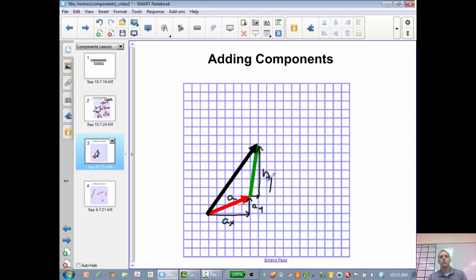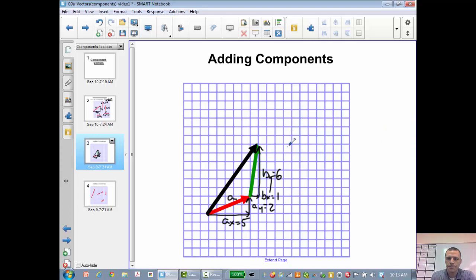If I find those components, which I can count, AX is 1, 2, 3, 4, 5. AY is 2. BX is 1. BY is 1, 2, 3, 4, 5, 6. I can take those components and use those to create the legs of a triangle.